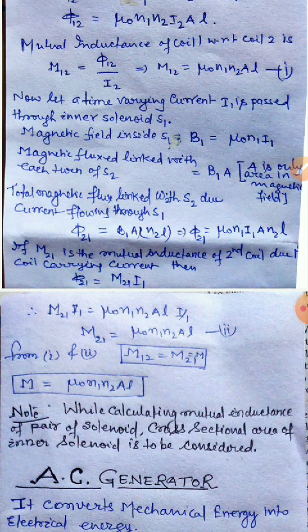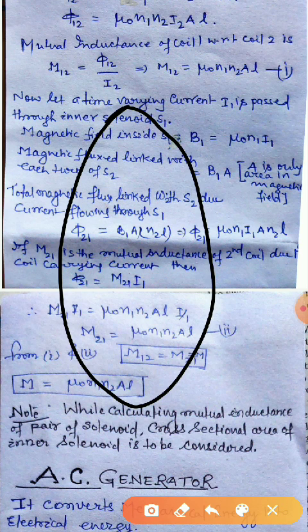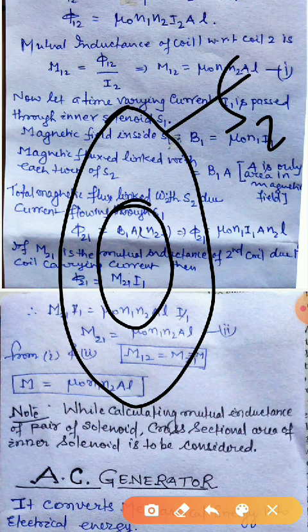Now, how much magnetic flux is linked with each turn of solenoid S2? So here, this is the situation. This is the turn of S2 and this is the turn of S1.